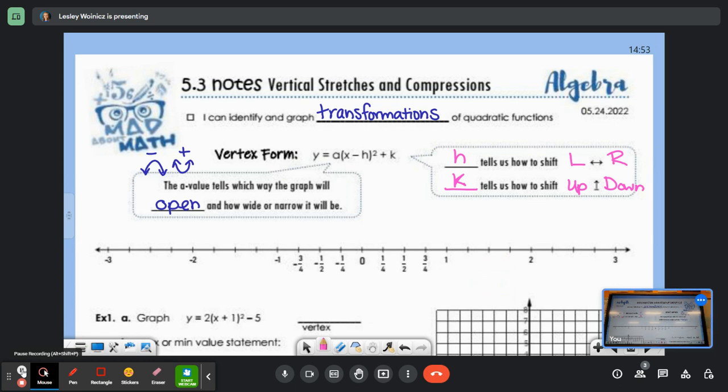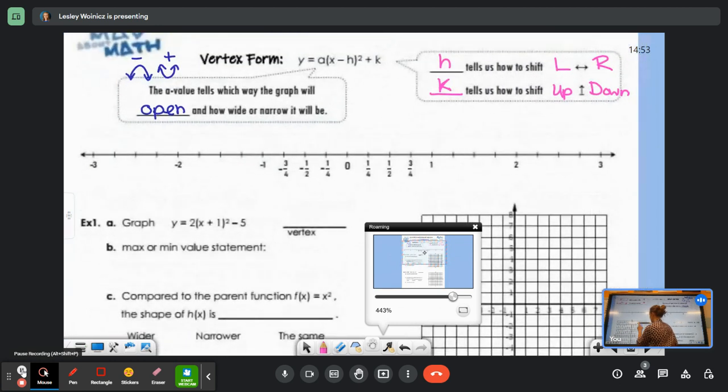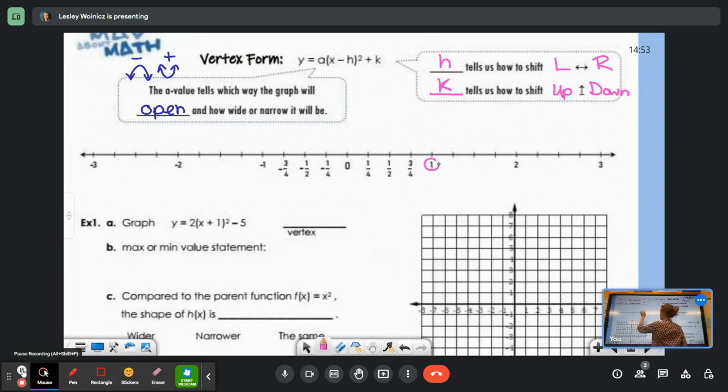Okay, now I made this beautiful number line for you so that you could see what happens as we change our A value. Yesterday we talked about only two possibilities really: what would happen if our A was +1 or -1.